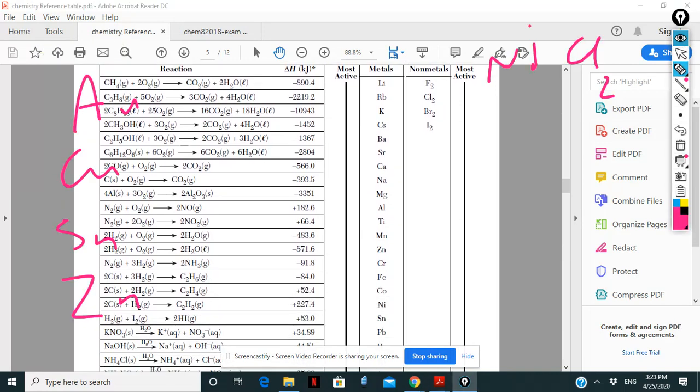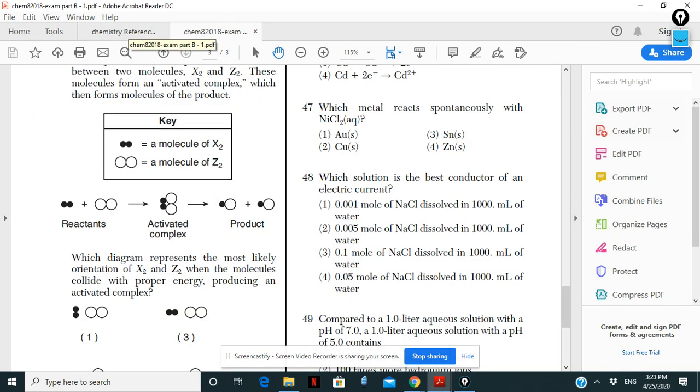Now the nickel is here, and I'm looking for which of those is above it: cobalt, iron, chromium, zinc. I have zinc here. So that's the only one. The others come later: copper and silver. So it's zinc, and the answer is number 4, 47, 4.